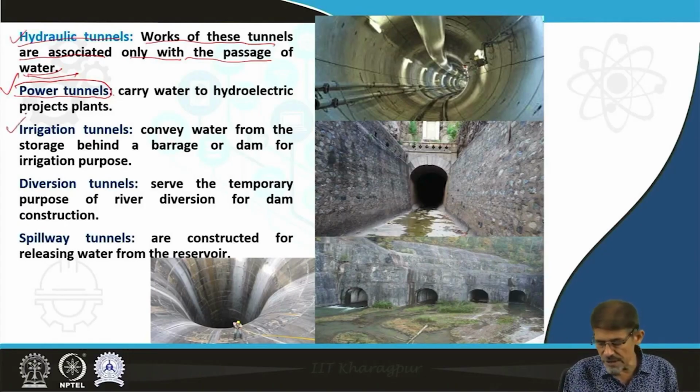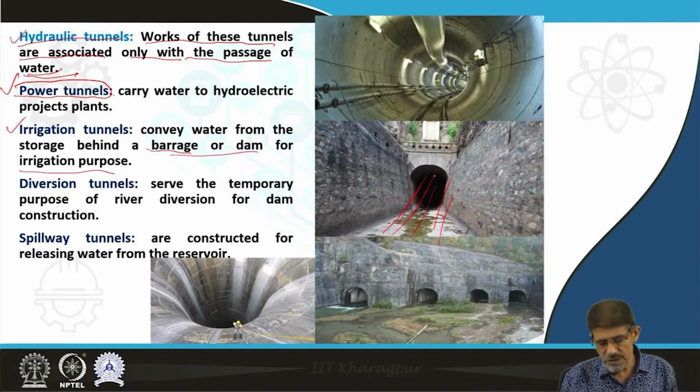Then the irrigation tunnel provides a supply of water. You can see the view of the irrigation tunnel. This irrigation tunnel is going to facilitate the water from the storage behind a barrier or dam for irrigation purpose.